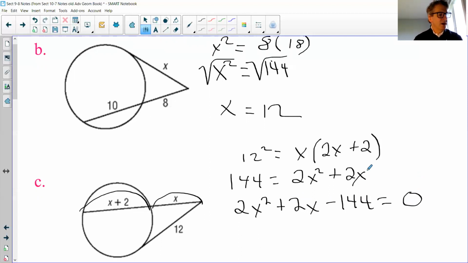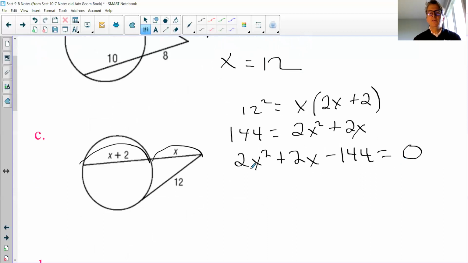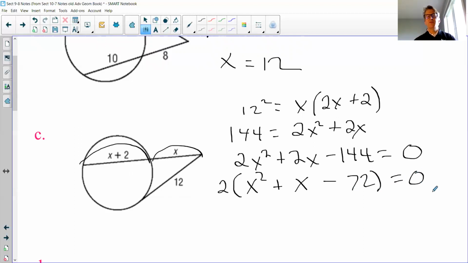I'm first going to see that I've got a factor of 2, so I can take out a 2, and that is 2x squared plus 1x minus 72 is equal to 0. So I'm factoring out 2 with the greatest common factor, or GCF.